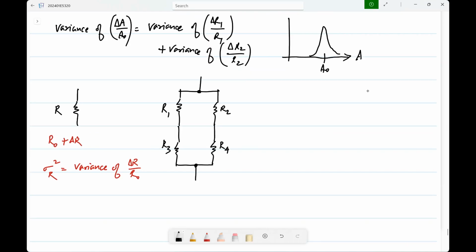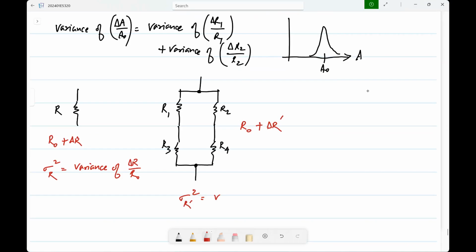And R1, R2, R3, R4 are just 4 copies of the same resistor. What is the nominal value of this? R0. It's just 2 resistors in series, 2 of those in parallel. So this is R0. Okay. Plus it will also have some error, delta R prime. Okay. So now the question is, what is sigma R prime square?